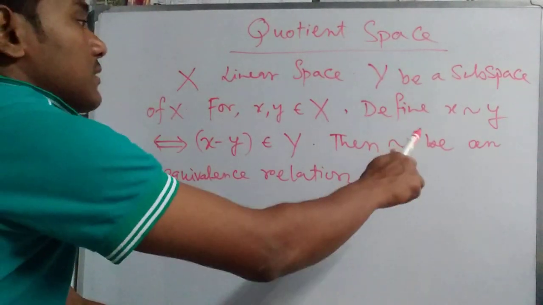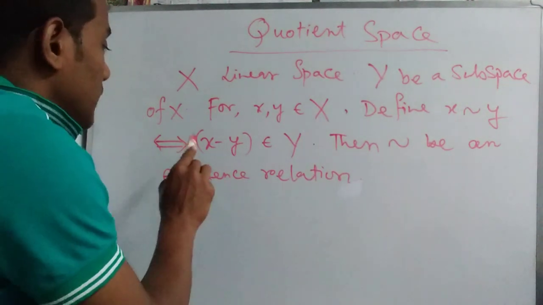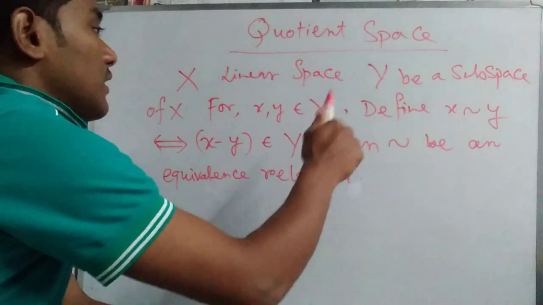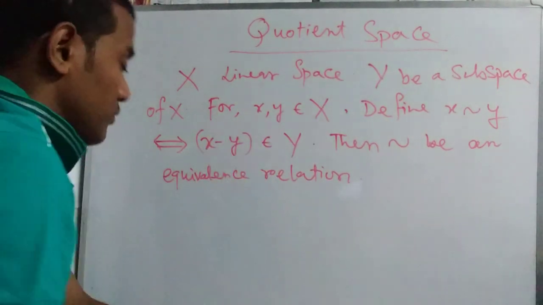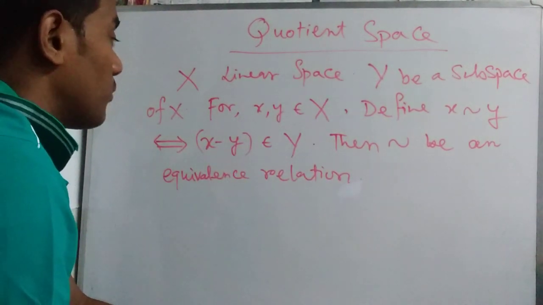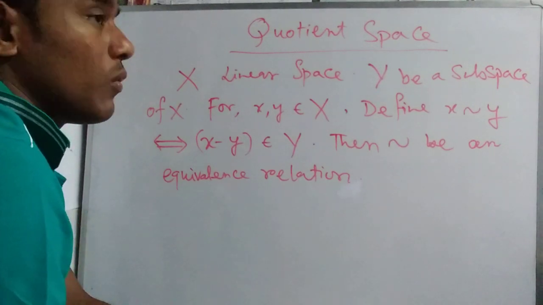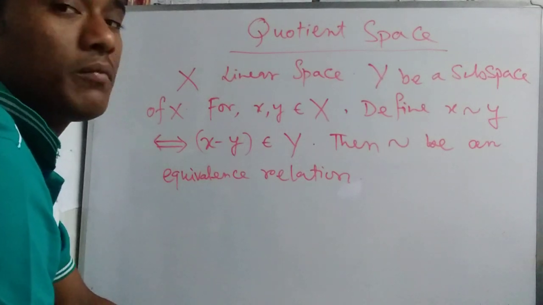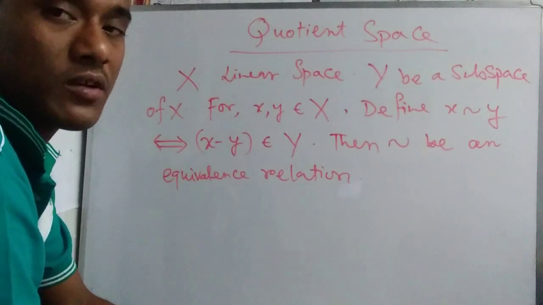If we write x related to x, then x minus x, which is 0, belongs to Y. And if x is related to y, then x minus y belongs to Y, and obviously y is related to x because y minus x belongs to Y. Since Y is a subspace, we multiply by the scalar minus 1.